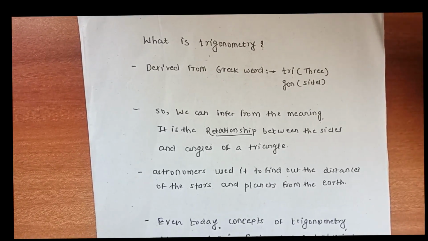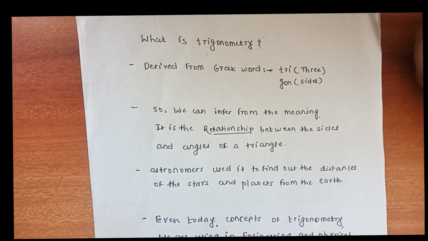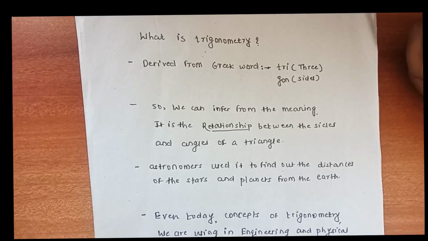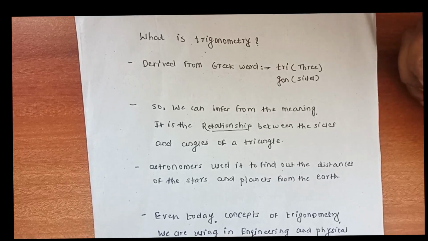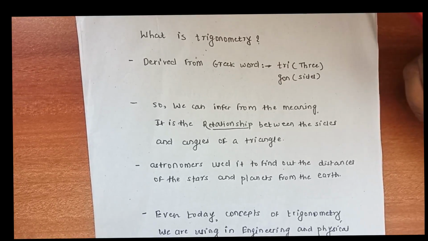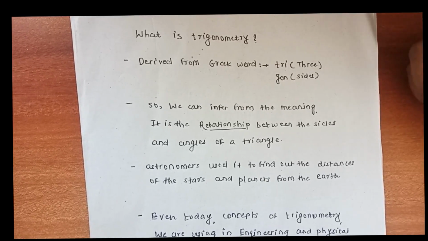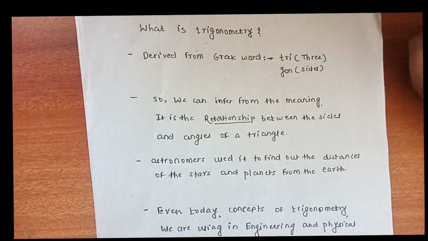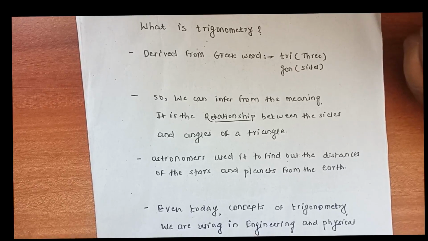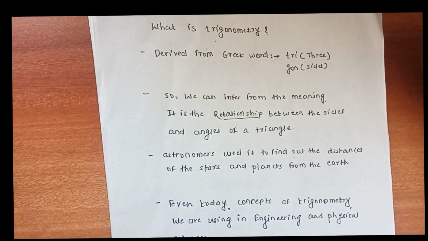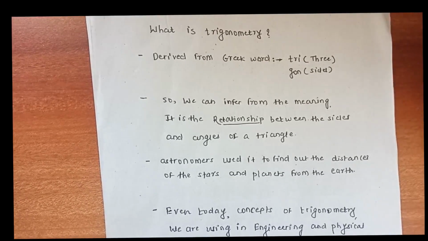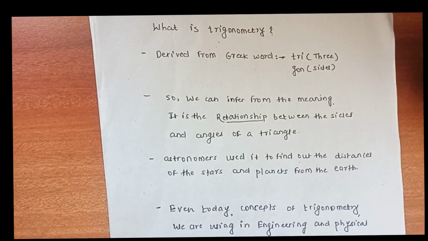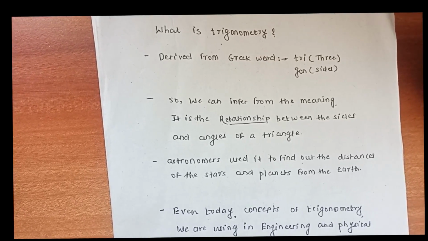Actually, studying trigonometry is of prime importance, but we should also know about the history of trigonometry, when we started using it and what the applications were in the past. Many scholars from India used this method to find the distance between the planets and Earth, or distance between stars.